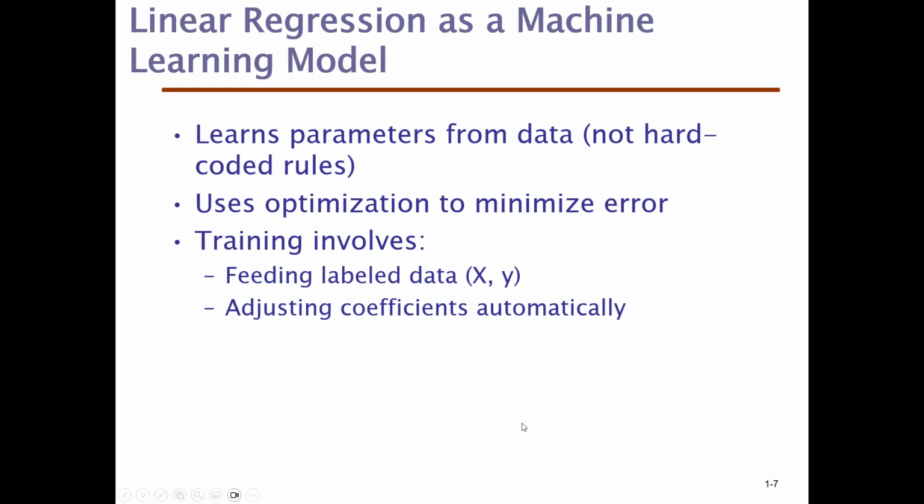So the training involves adjusting the coefficients automatically. We feed in the labeled data. This will be our training data. We have the x values and the target together. The system adjusts the coefficients automatically to get the best fit line, which means to get the model that will give us less error.